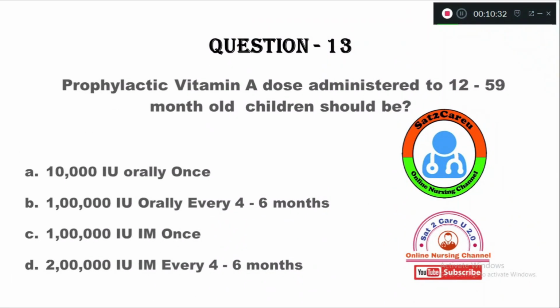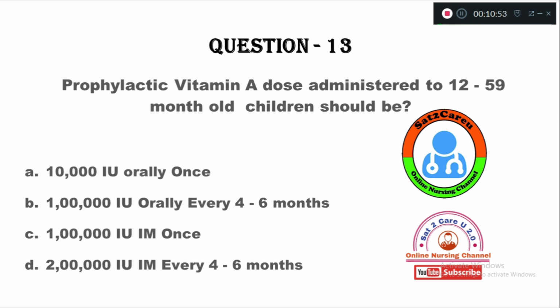Question number 13. The prophylactic vitamin A dose administered to 12 to 59-month-old children should be: Option A, 10,000 international units orally once. Option B, 1 lakh international units orally every 4 to 6 months.